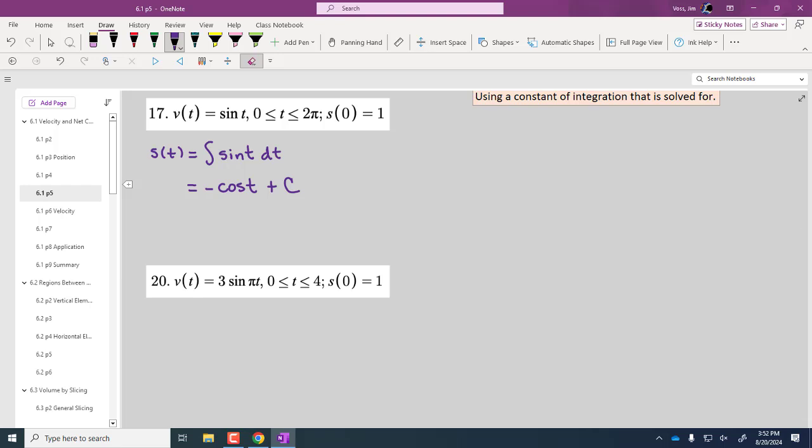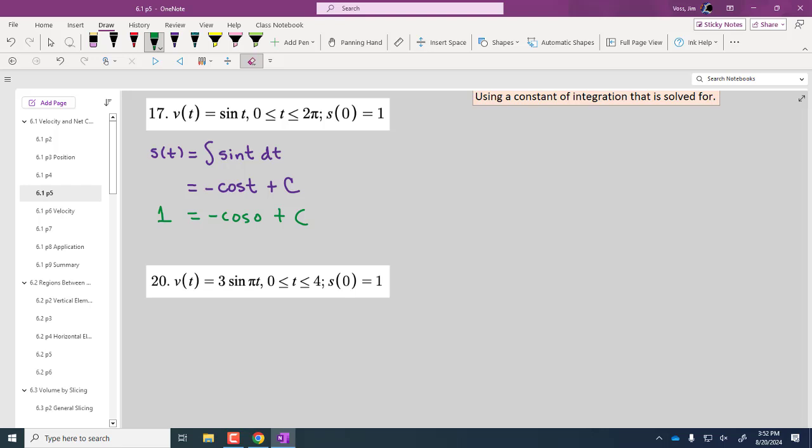Okay, so we're basically going to build s of t one step at a time. First we get this general look for s of t. And now we need to figure out what that c is. So now we are going to use this data. It says s of 0 is 1. So I'm going to plug in a 1 for s of 0, and I'm plugging in a 0 for t. On the left, it's s of 0, which is 1.